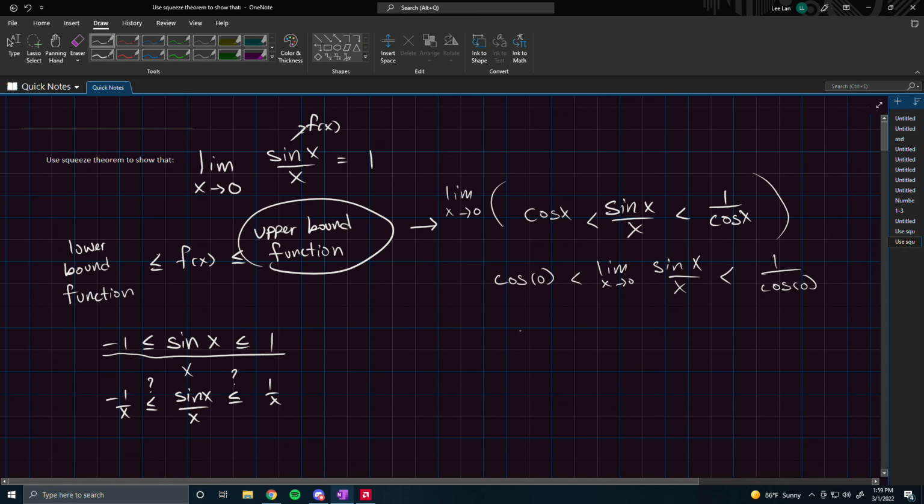Cosine 0 is just 1, and 1 over cosine 0 is 1 over 1, which is just 1. So we've shown that this limit is between 1 and 1. Therefore, the limit as x approaches 0 of sine x over x is equal to 1.